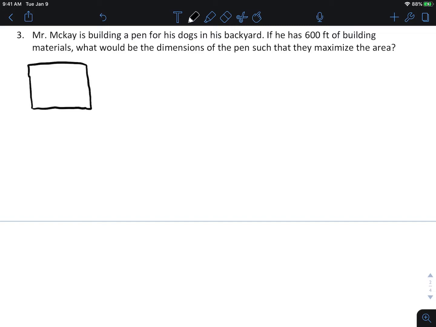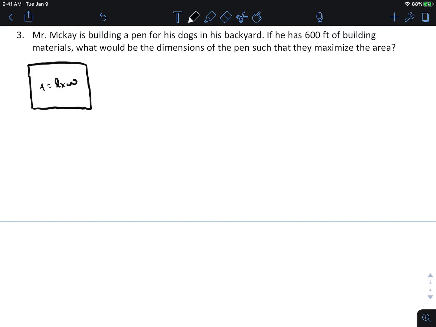I know that the area of this pen is going to be length times width. Now the other thing I know is that I had enough money to buy 600 feet of material. So that means that all the way around here better add up to 600. So it's a perimeter.